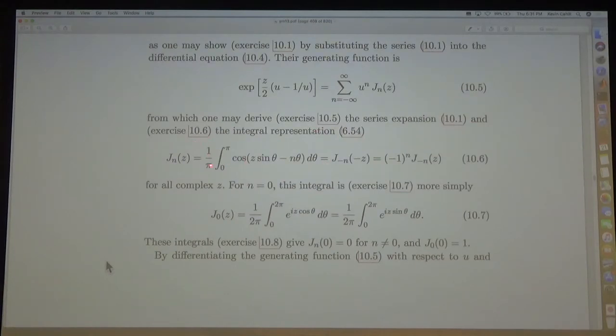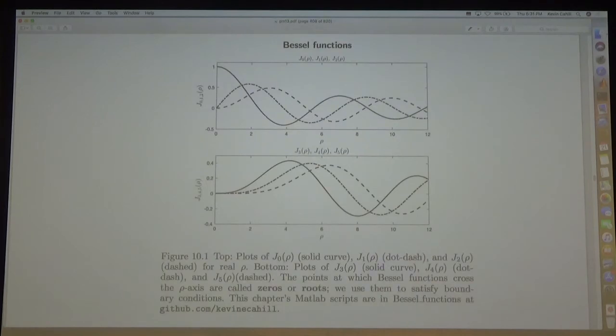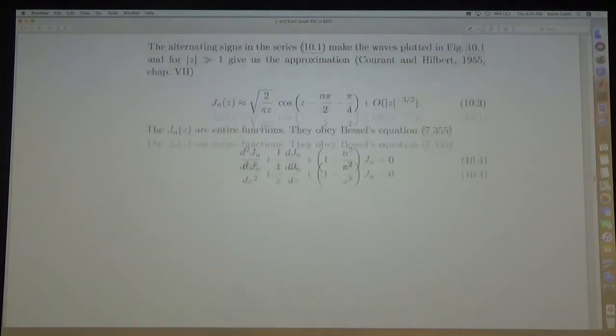Anyway, you can see from this expression that Jn of z is J minus n of minus z, and this is minus 1 to the n J minus n of z. So this gives us a definition of the Jn's for negative n, whereas the original series expansion did not give us that.